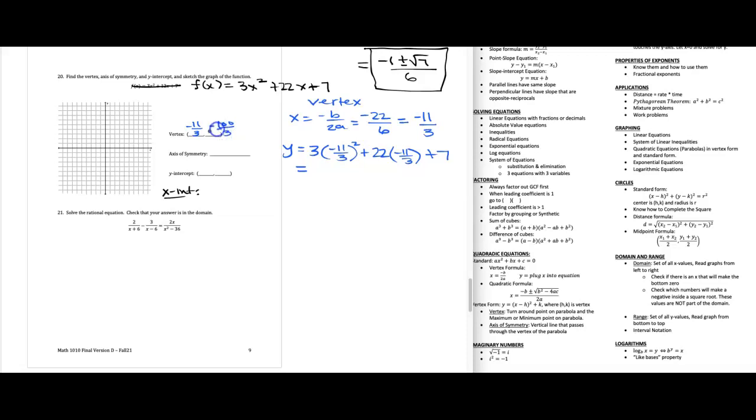If you were going to graph this, we need to change these so they're not fractions. This is going to be off the charts since I made one up on the fly, and sometimes the numbers don't work out as nice. So this is about negative 33.3, and 11 divided by 3 is about 3.7.